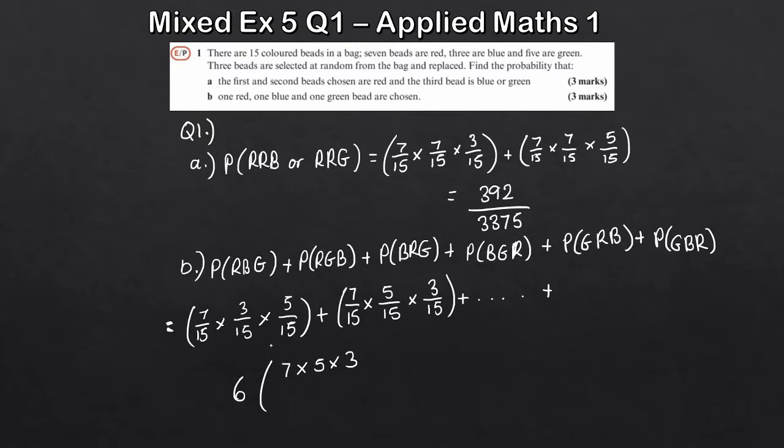And if you've got 15 times 15 times 15, that's 15 cubed. And then all you've got to do is plug this into your calculator. So this will give you 630 divided by 3375, which we can simplify if we want to 14 over 75.